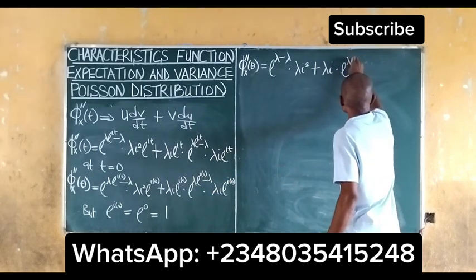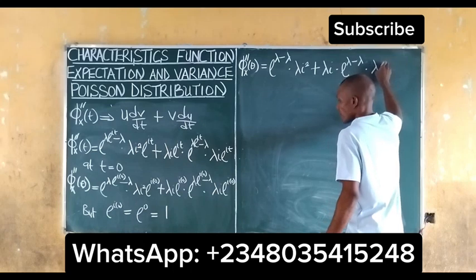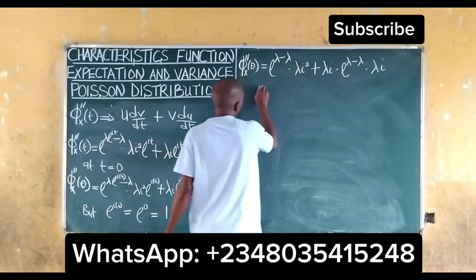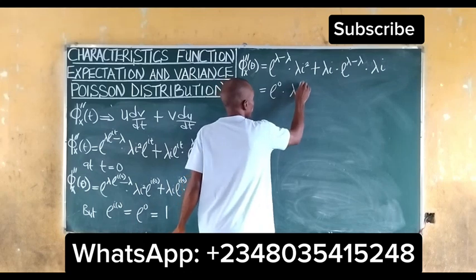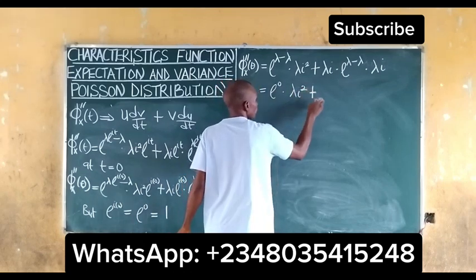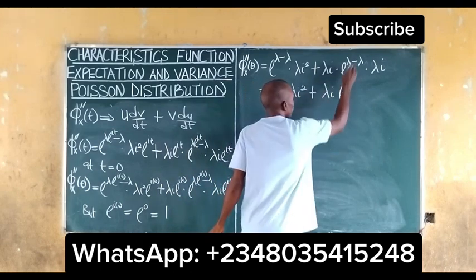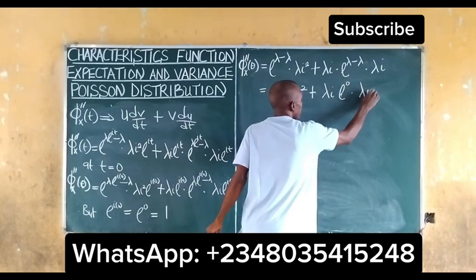So we have lambda minus lambda multiplied by lambda i, that is 1. So we have exponential 0 lambda i squared plus lambda i exponential this minus this is 0 multiplied by lambda i.